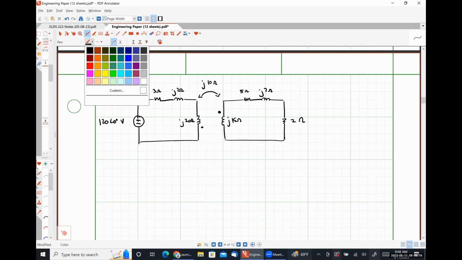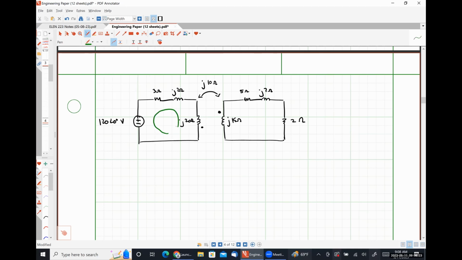All right, here's I1. Here's I2. So my input impedance, Zn, should be the impedance of my primary loop. That is going to look like 3 plus j22, and then I'm going to have omega squared M squared, so that's 10 ohms squared, over the impedance of my secondary loop, which is going to look like 7 plus j22.